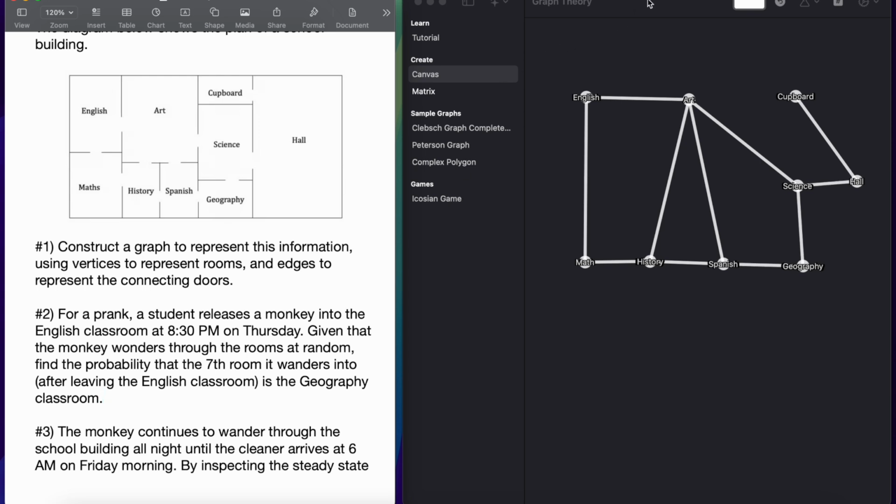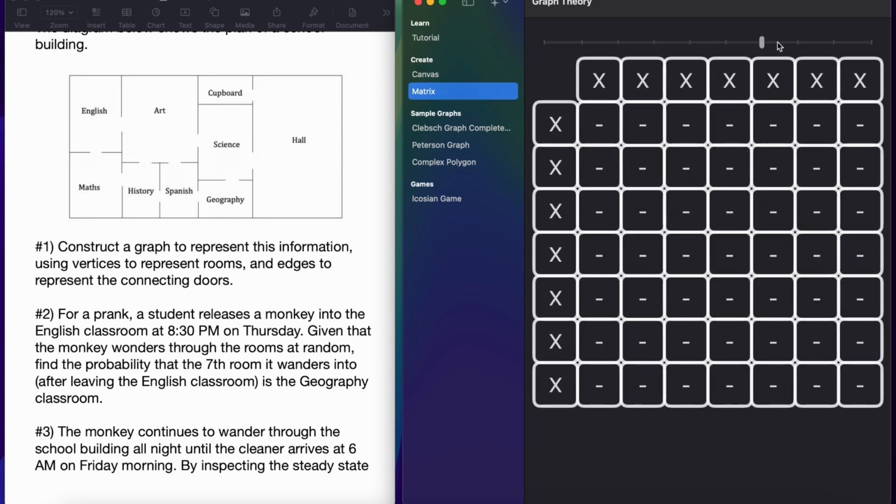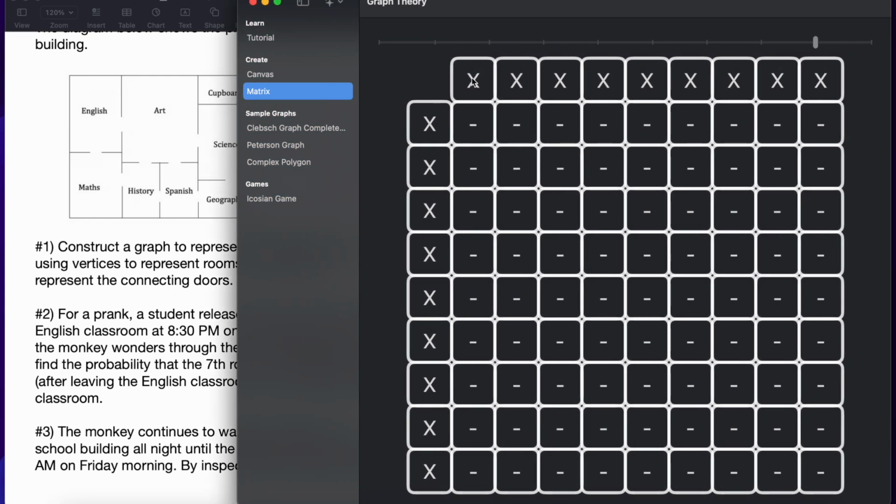So the first thing I want to do is to construct my transition matrix for this graph. So I'm going to create a matrix. There are 9 rooms, so I need a square matrix with 9 rows and 9 columns. It doesn't matter the order that I assign the labels, as long as I am consistent in my usage of the matrix.